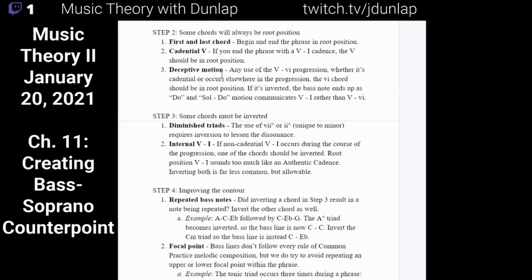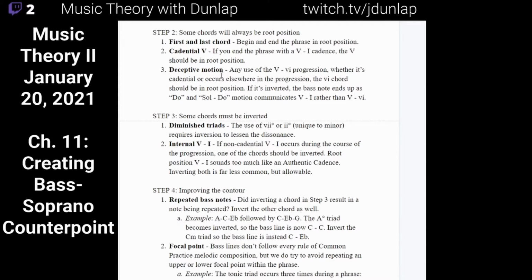Next, deceptive motion. They didn't do it, but if in our chord progression we go so, la, meaning 5 to 6, it's deceptive motion. Whether it's the end of a phrase and we're doing it as a deceptive cadence, or just somewhere in the chord progression, we're going to make sure we don't invert 6.